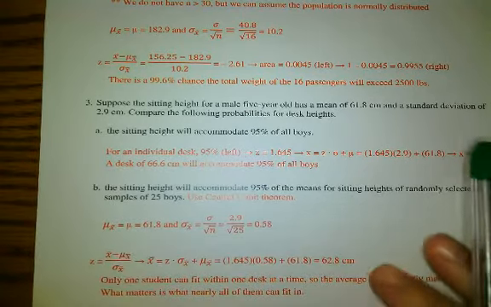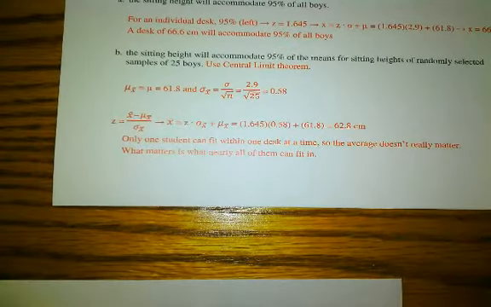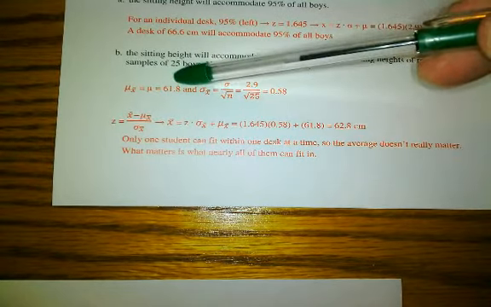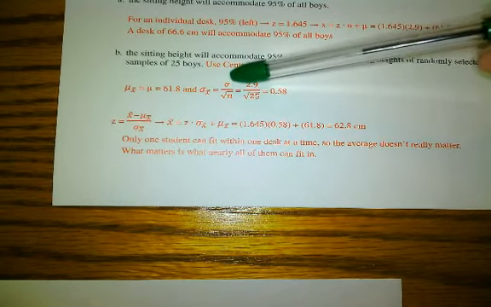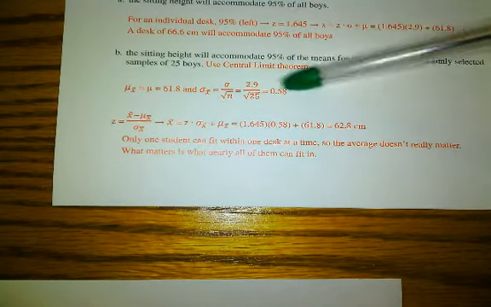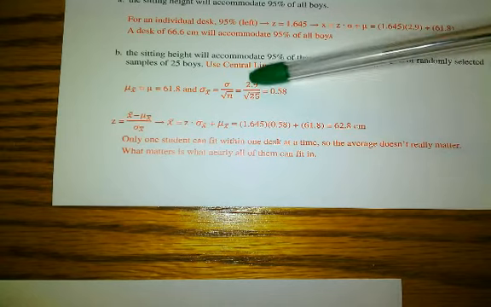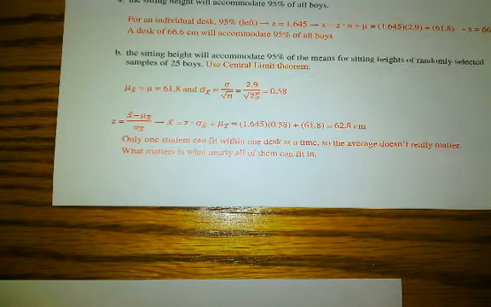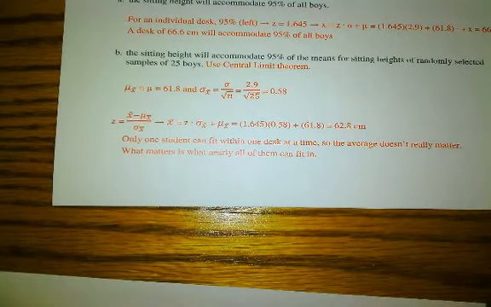Well, now we're going to have to find the mean of sample means, which is just the mean of the population, and the standard deviation of sample means, which is the standard deviation divided by the square root of n, which in this case came out to be 0.58. And note, this is always going to be less than the other one, since we're dividing by something. Plug them all in, and we end up with 62.8 centimeters.